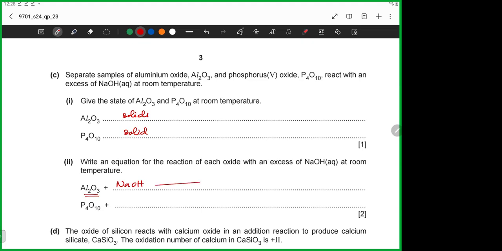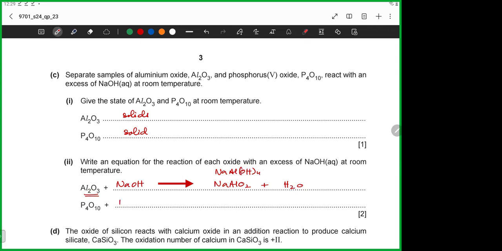You study this in O levels as well. It's going to give you sodium aluminate plus water, right? Yeah. Or you can write NaAl(OH)4 as well.